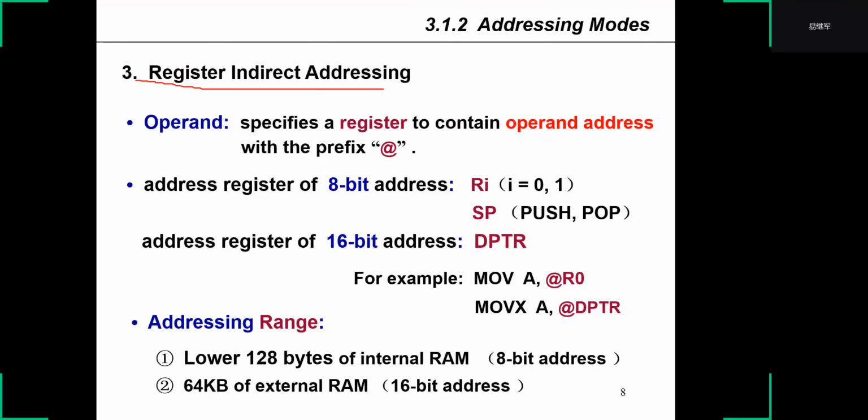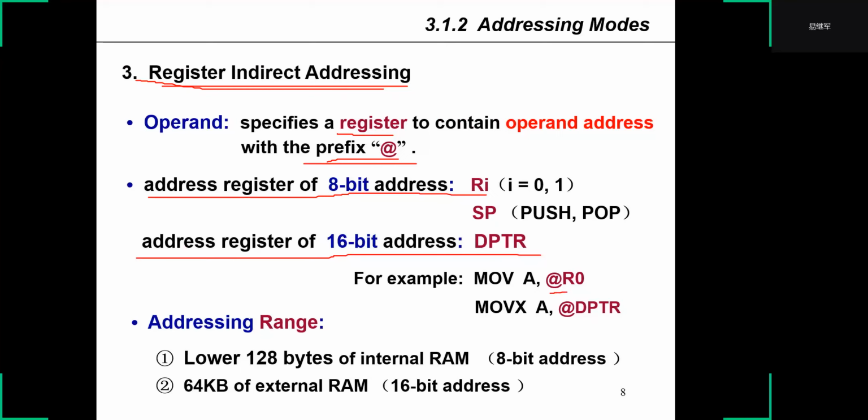Register indirect addressing. The register contains the operand address, with the prefix @. We can use the address registers R0 and R1 of 8 bits, or the 16-bit address register DPTR. If we put @ before the register, we can use it as indirect addressing.